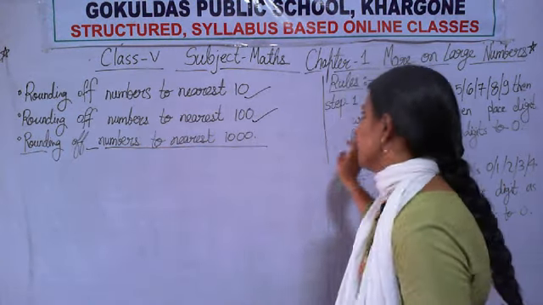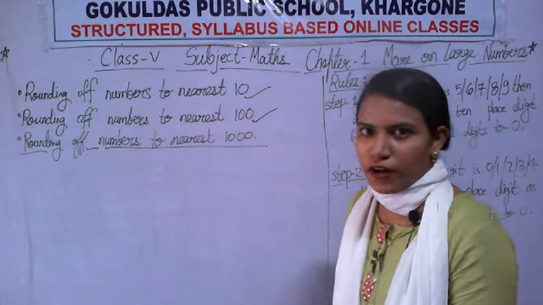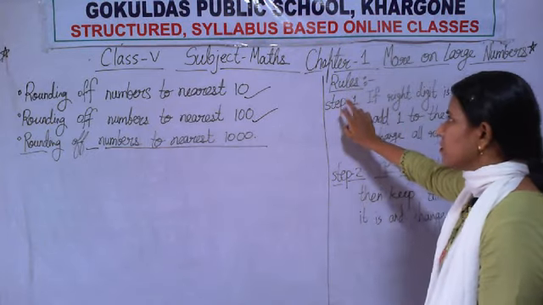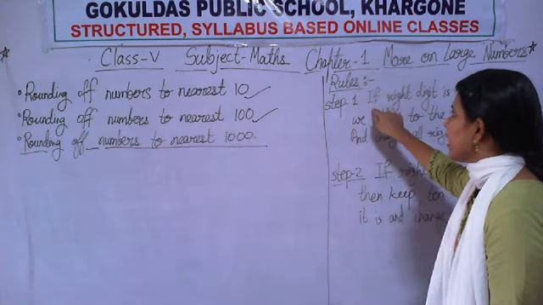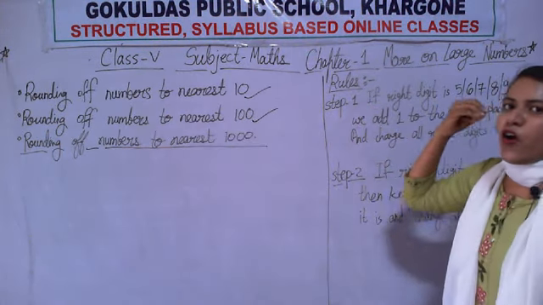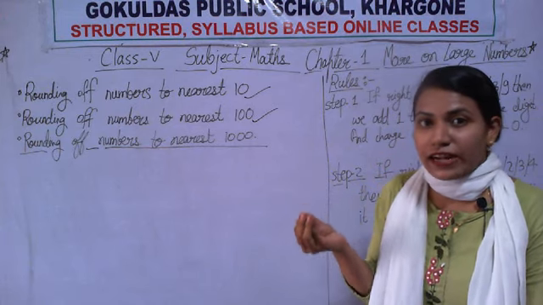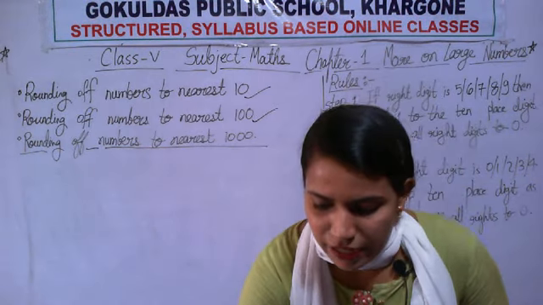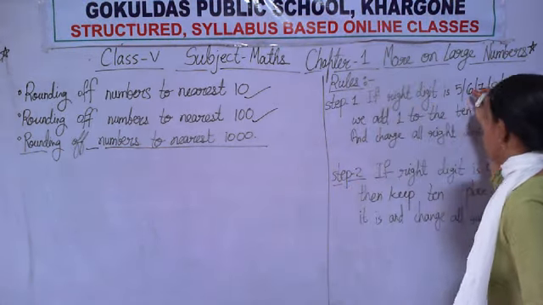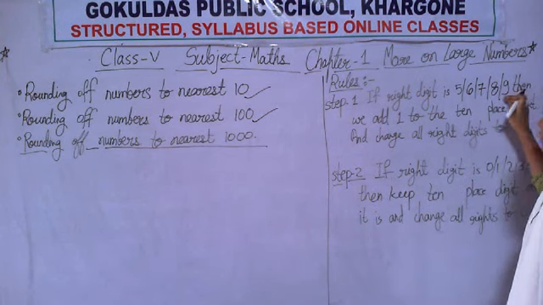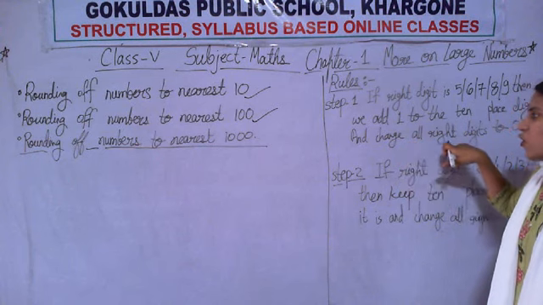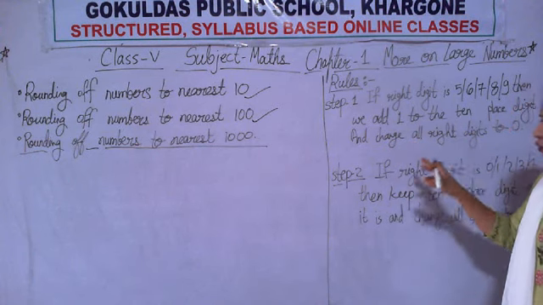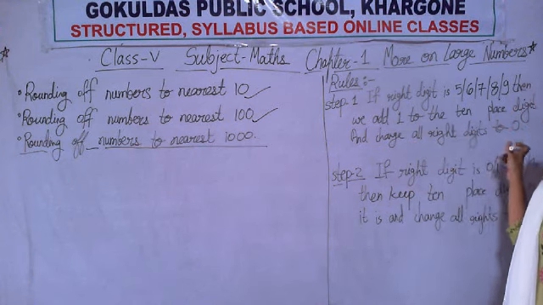And for that, I have written the rules here already. What were the rules for rounding of numbers to nearest 10? If the right digit is 5 or 6 or 7 or 8 or 9, then we add 1 to the tens place and change all the right digits to 0, right?